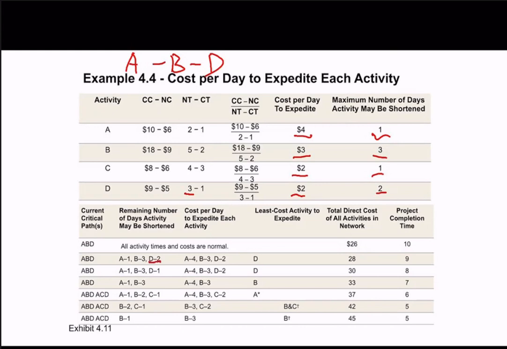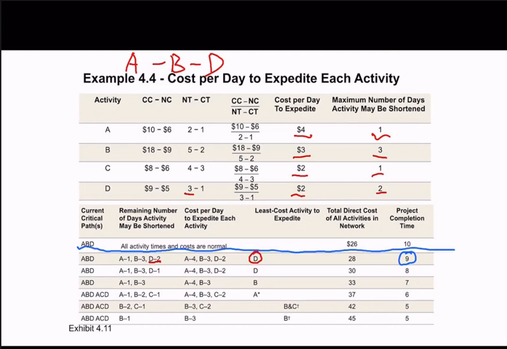And this is the lowest cost. And then the total time will be 9. But what's the total cost? So going back to the first line here, this is the normal time and the normal cost.